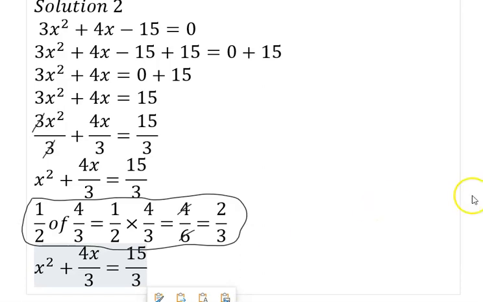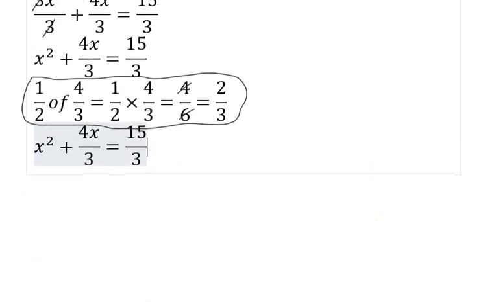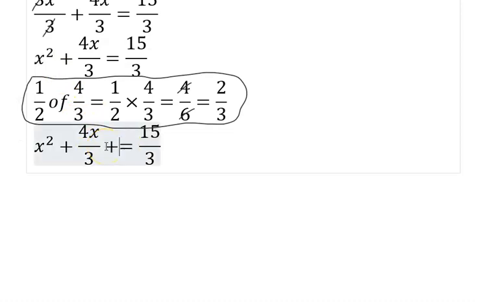Because this one is a fraction, it's going to take us some little time. So since we know half of 4/3 now, which is 2/3, let's square it. Let's get a template. Okay, we can make use of this. Because we are actually adding it to both sides.